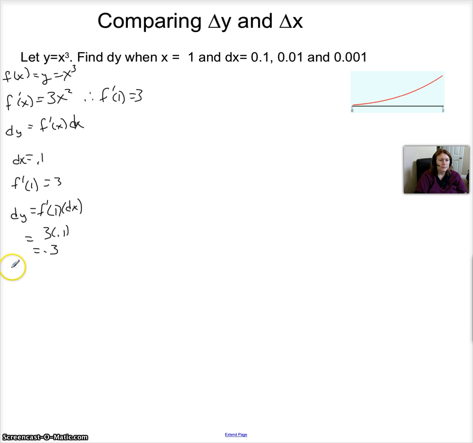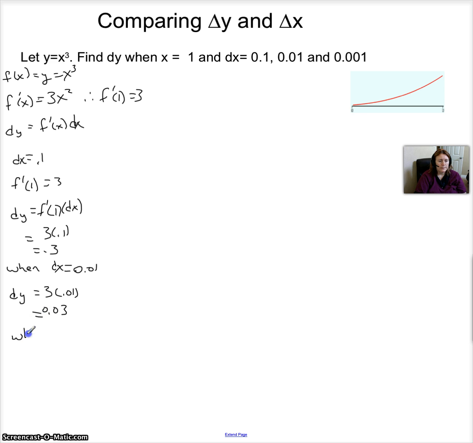Now let me do it when dx is 0.01. Then dy becomes 3 times 0.01 or 0.03.